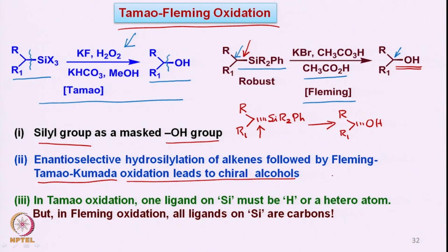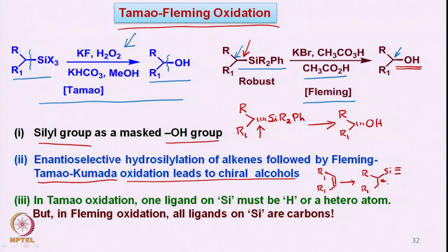That means if one starts with any olefin like this, where there are two different substituents attached, and one converts it into the silyl group present here in this fashion, you now have an asymmetric center being created.